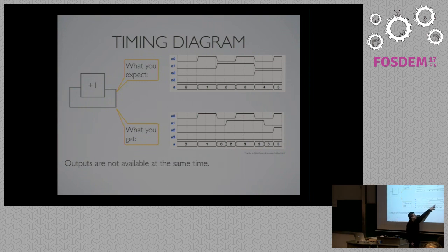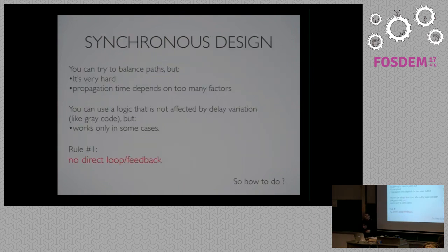Because of that, you will have wrong outputs at many times, so you don't know where the correct output is. You can try to avoid this nasty effect by, for example, balancing the circuit, but it's very, very, very hard. So the main rule when you do digital design is never have direct feedback.